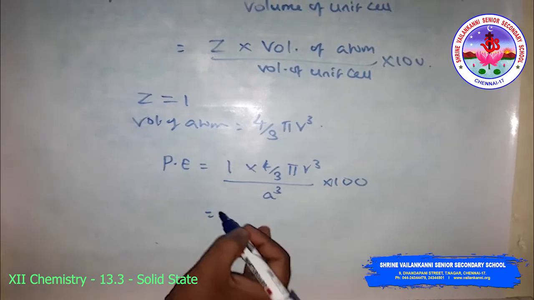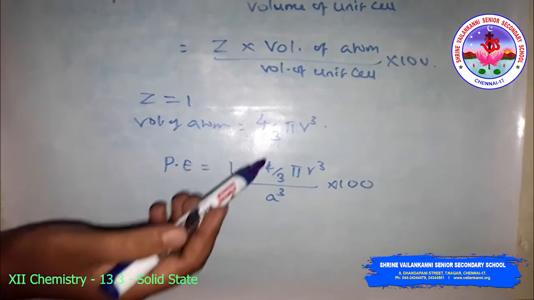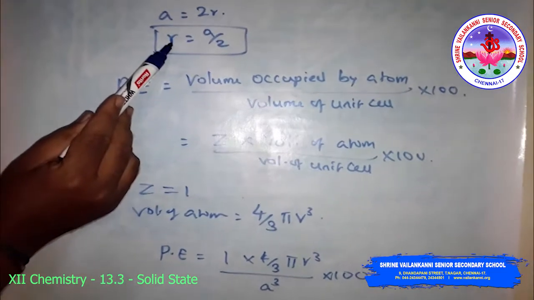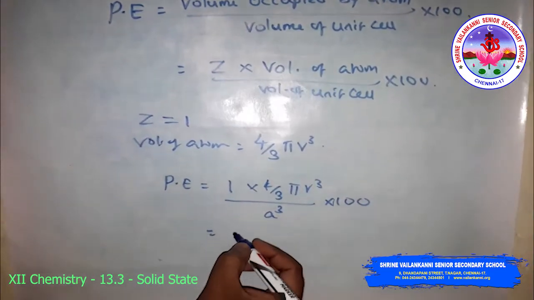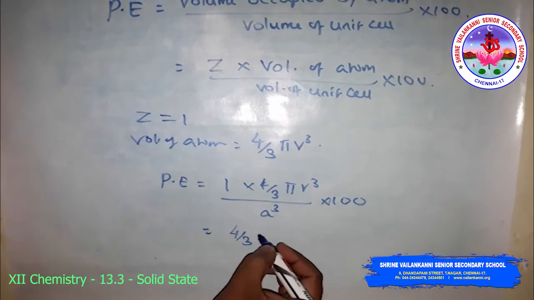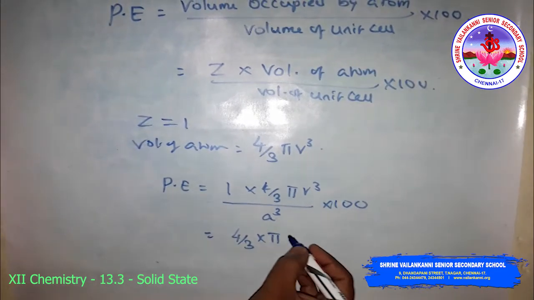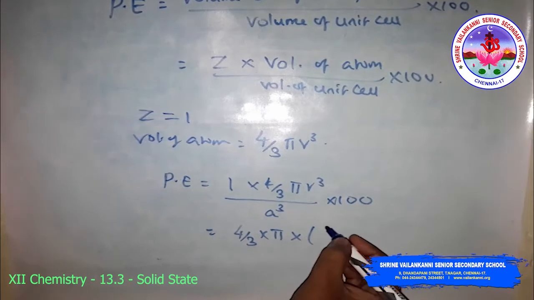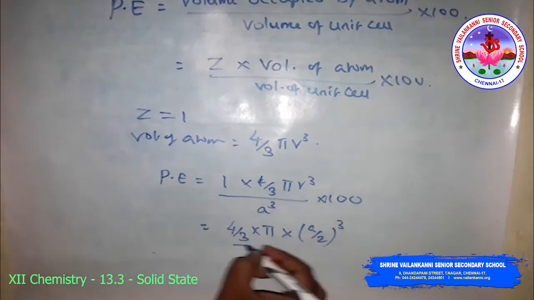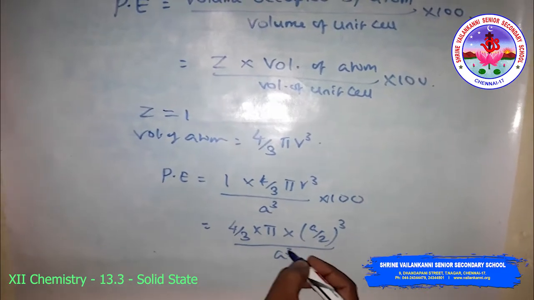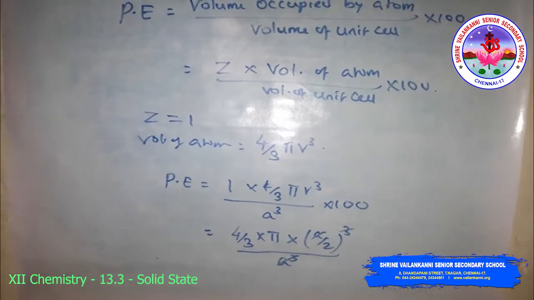Now R value for simple cubic is R equal to A by 2. So 4 by 3 into pi into A by 2 to the whole cube divided by A cube. So A cube and this A cube cancel.